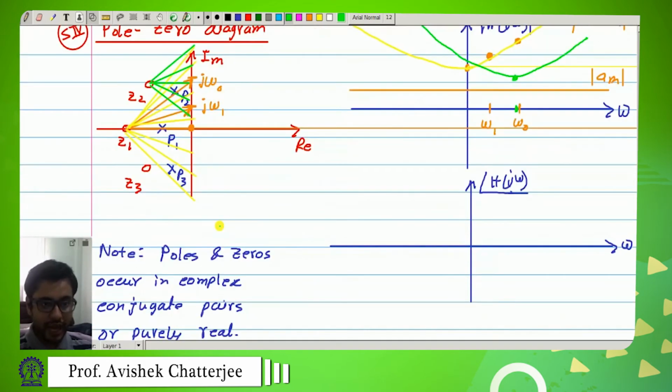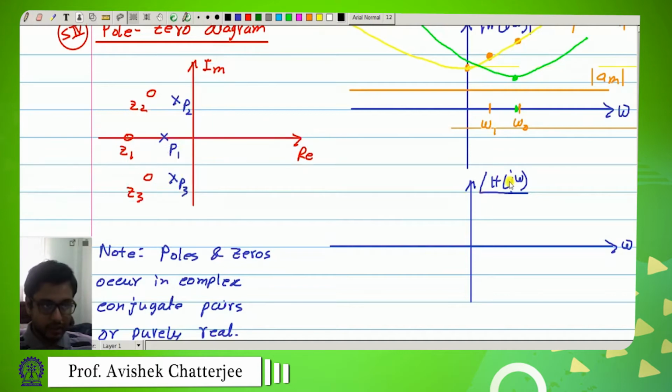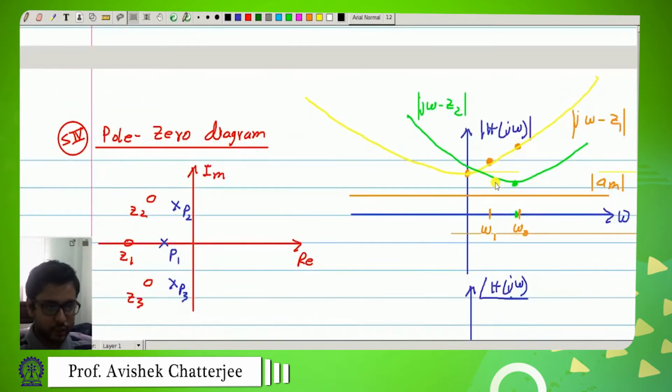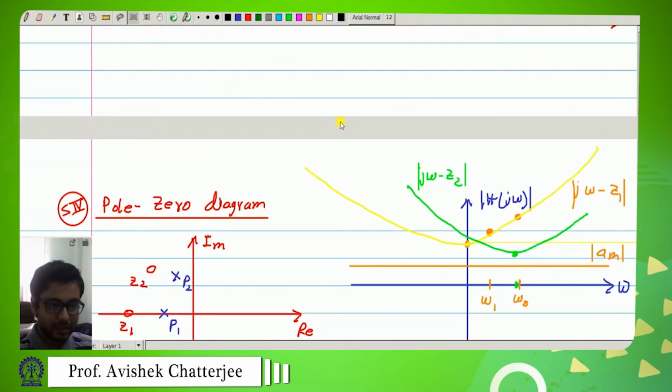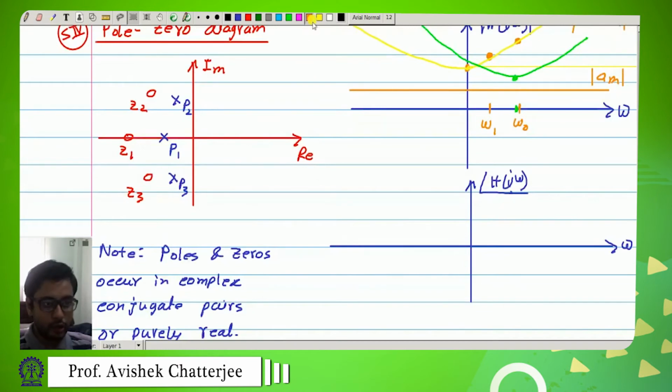Now let us look at the phase response. Now this phase, you can see here, is a sum of the phases coming from individual terms. Okay, so let us see how to plot the phase for j omega minus Z1. We want to plot first the phase or angle for j omega minus Z1.